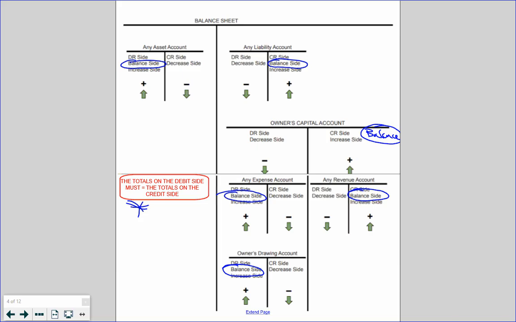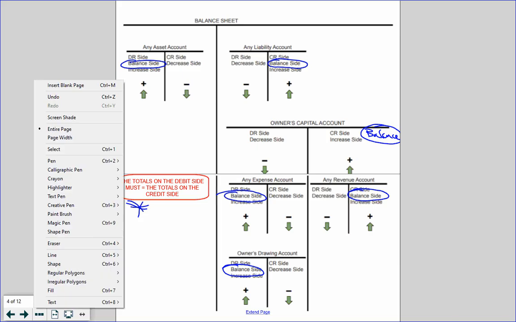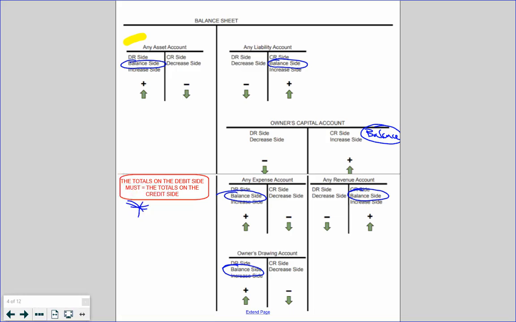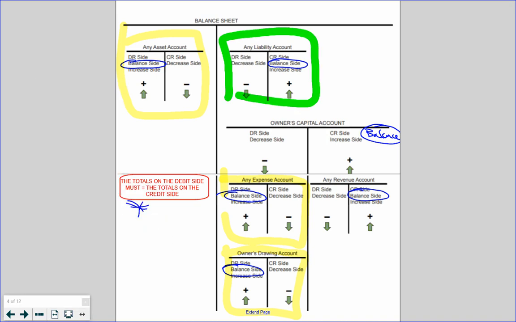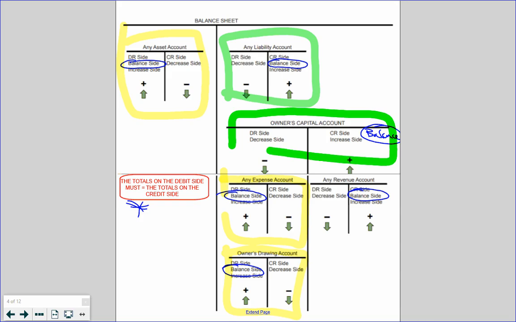So here is where I thought maybe you'd want to use highlighters. So assets, expenses, and drawings all work the same way. Liabilities, capital, and revenue all work the same way.